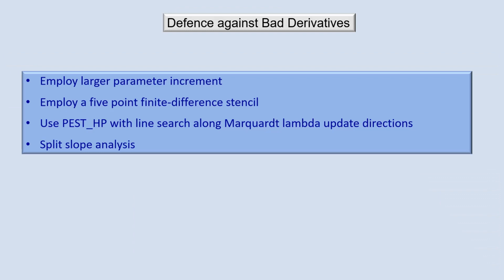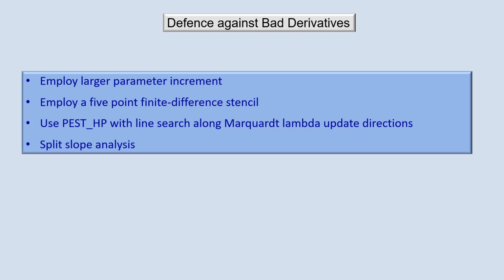So if that is the situation and you can't do much about it, either through changing the model design or changing the way that the model outputs are calculated through its iterative solver, you just have to live with it. If numerical granularity is too bad, PEST won't work. But if it's not too bad, there are some defenses that you can take to mitigate the effect of this phenomenon on PEST performance.